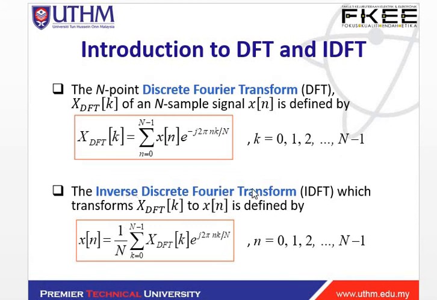Whereas the inverse discrete Fourier transform, IDFT, can be obtained by x[n] equal to 1 over N and then summation from k equal to 0 to N minus 1 of X DFT k exponent positive j 2 pi nk over N. So take note that the difference between the discrete Fourier transform and the inverse is the exponent.